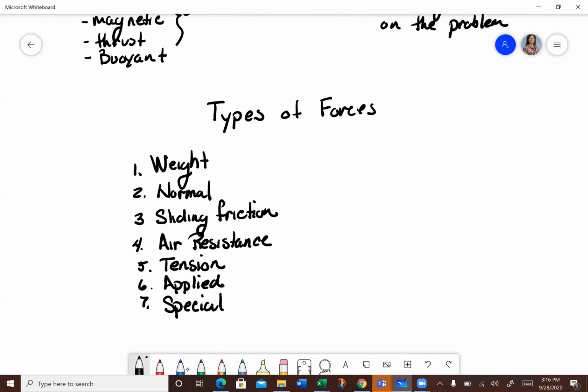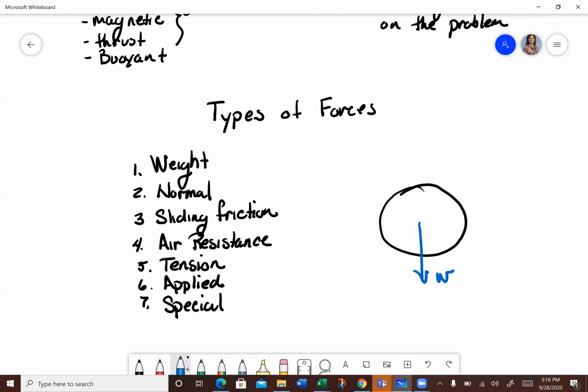Okay. So again, you're going to draw your object, right? You're going to ask yourself, does it have weight? And if your answer is yes, you're going to put weight on the object. You're going to ask yourself, does it have a normal force? If the answer is no, then we don't put it in. It's not sitting on anything. If there is sliding friction, you ask yourself, would there be friction?